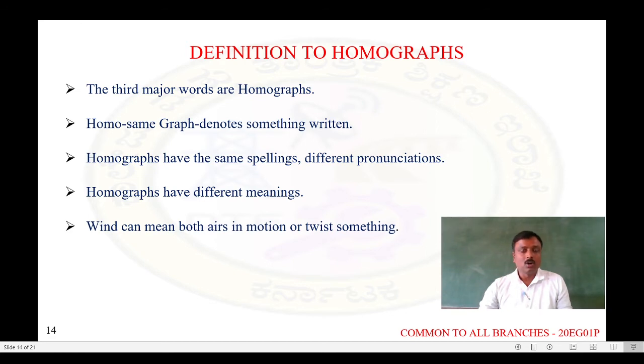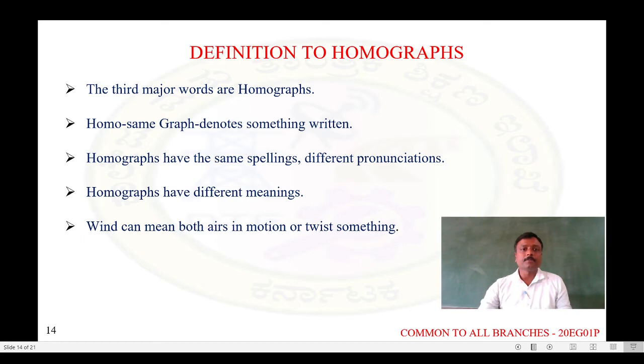Homo means same or similar and graph means something written or drawn. So homographs have the same spellings, different pronunciation. Homographs are those words which have the same spellings, but they have different pronunciations and they have different meanings. These words are called homographs.